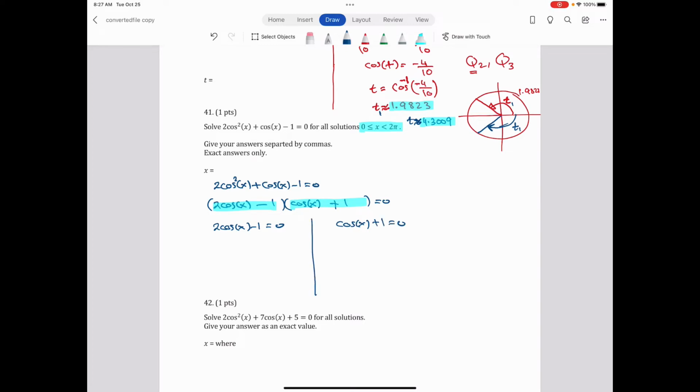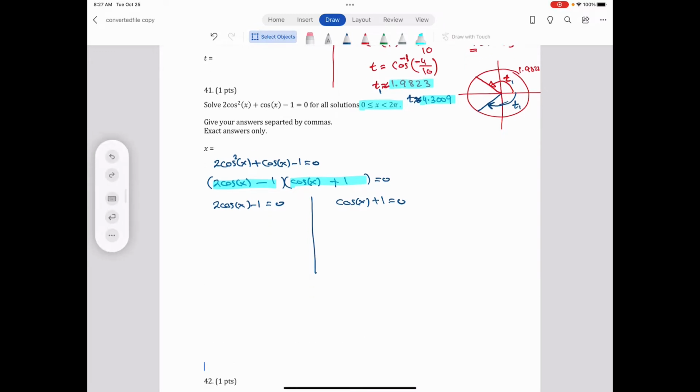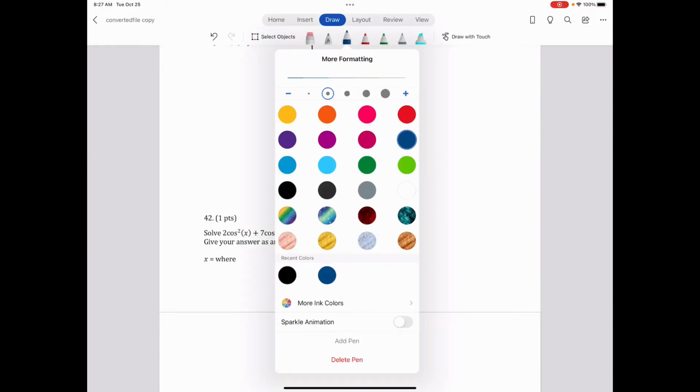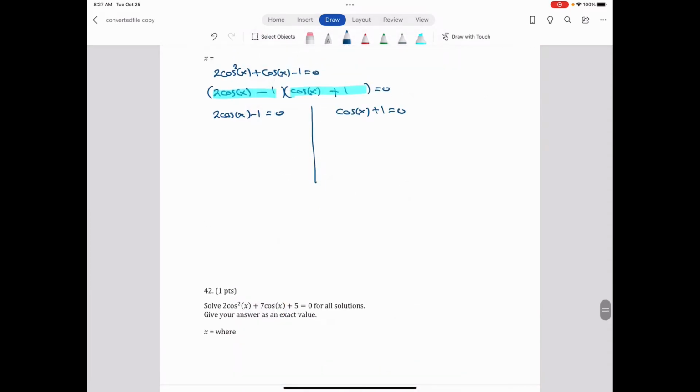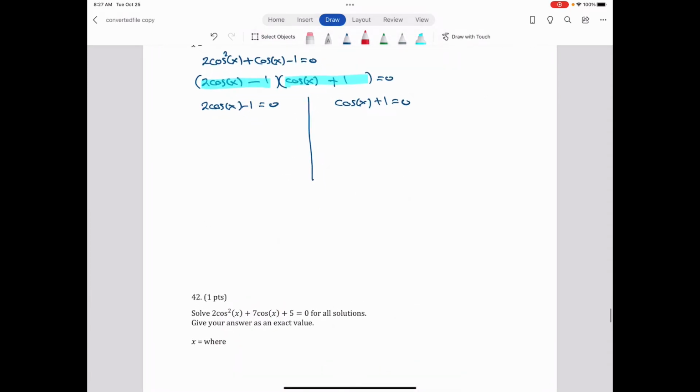I'm going to solve each one of these individually. I will add 1 to both sides of the first equation, so I have 2 cosine x equals 1. Divide by 2, and I get cosine x equals 1/2.